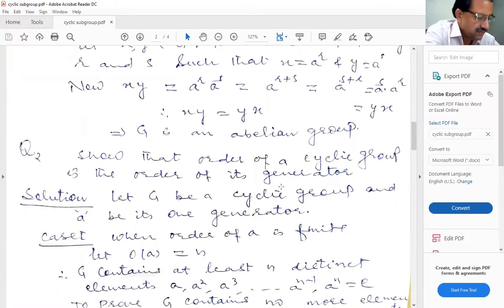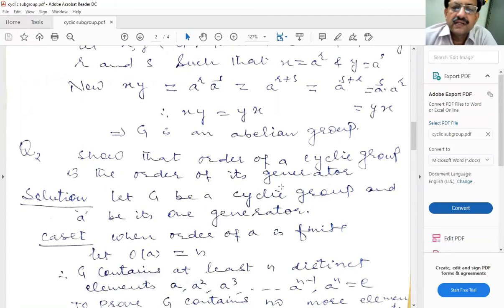Now come to question number 2. Show that the order of a cyclic group is the order of its generator.